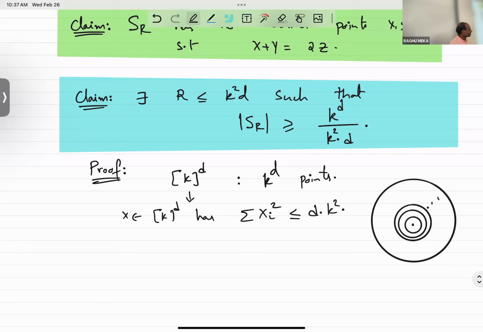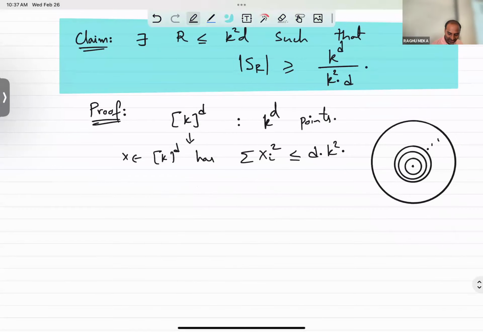So if I keep drawing these shells, all of these k to the d points must lie in d times k squared many shells. Every point should lie on one of these shells.